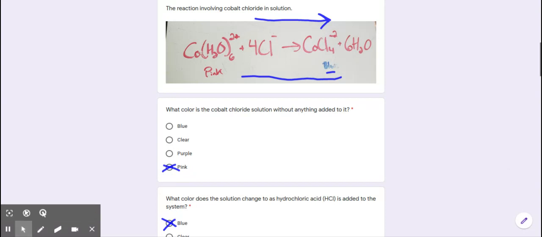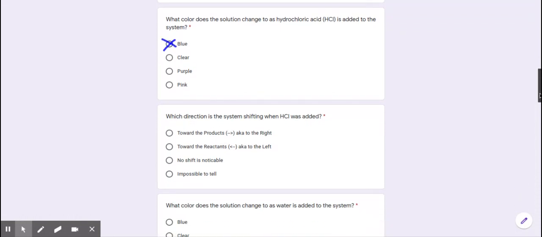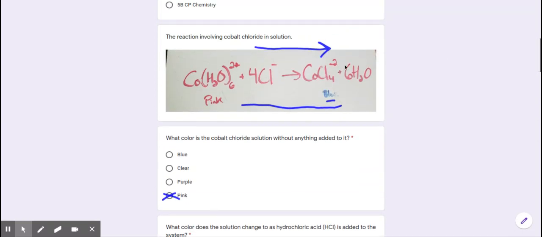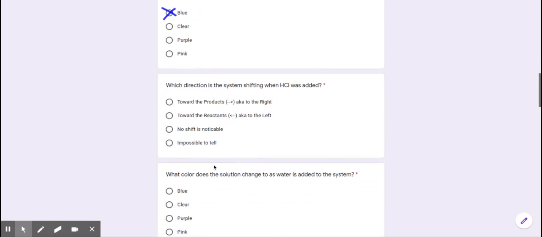Now, because it turned blue, it asks, in which direction is the system shifting when HCl was added? Well, if you're adding HCl and it shifts to the blue side, it's going to the products. So our answer is A, towards the products, or AKA to the right.